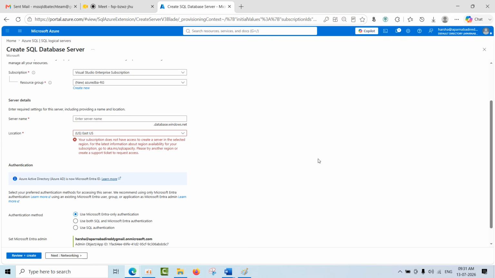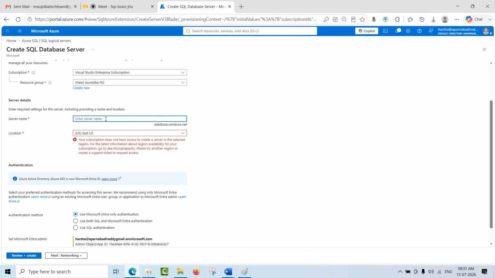A resource group is a logical container to keep all resources together. For example, we can create different resources in different regions, but the resource group keeps them all together.